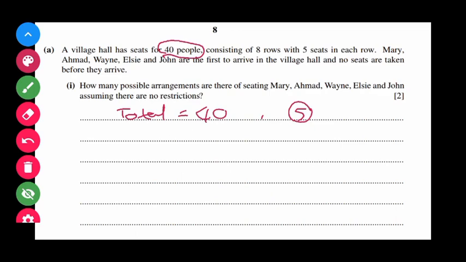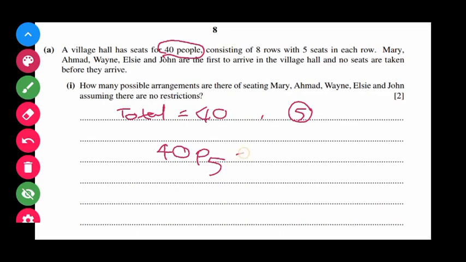When it is no restriction, the arrangement is very simple, which is 40P5. There are totally 40 seats and 5 to be occupied, isn't it?